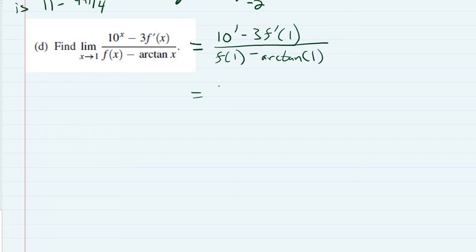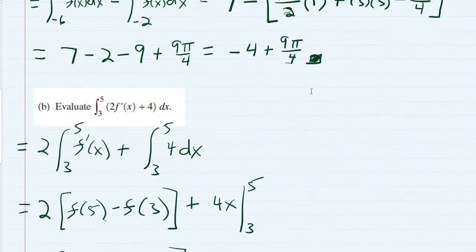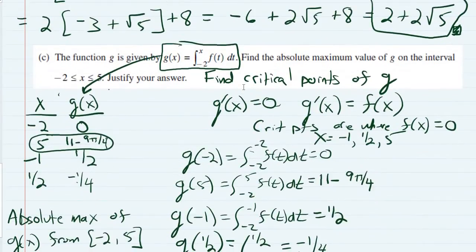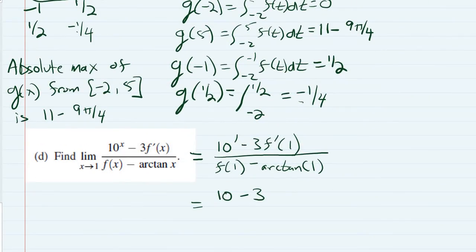Okay, well, 10 to the 1 is 10. Well, f prime of 1 would be the slope when x is 1 up here. So when x is 1, we need the slope of this line. So delta y over delta x, this is 4 over 2. That has a slope of 2. So that means f prime when x is 1 is 2. So it looks already this is not a L'Hopital's rule problem.